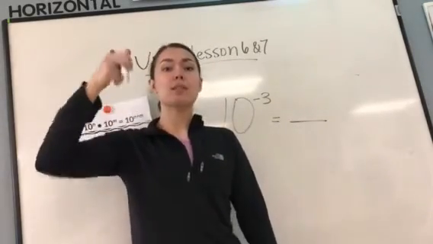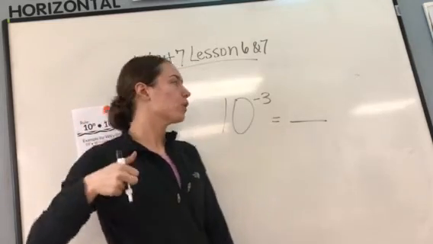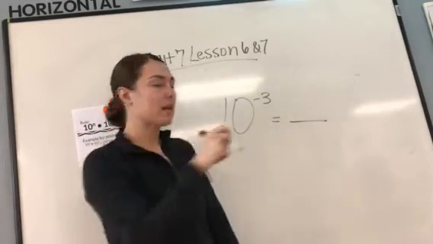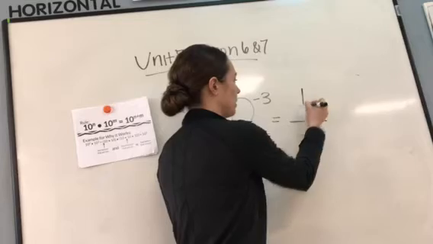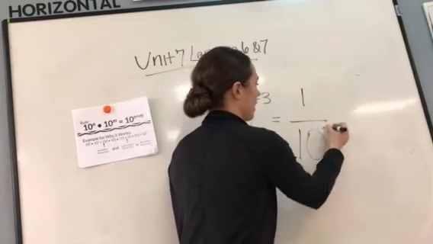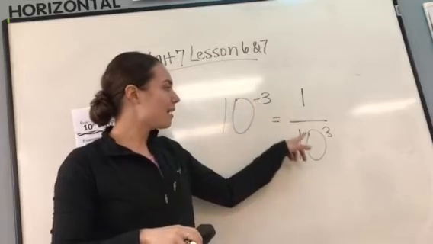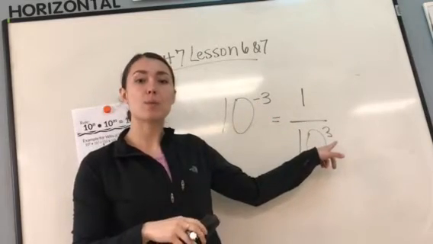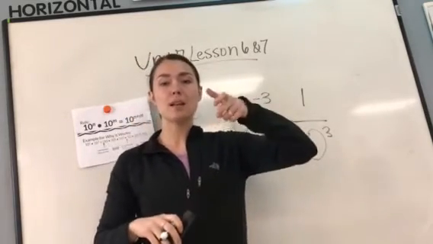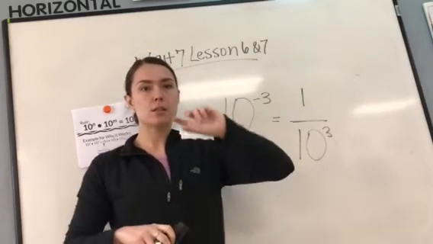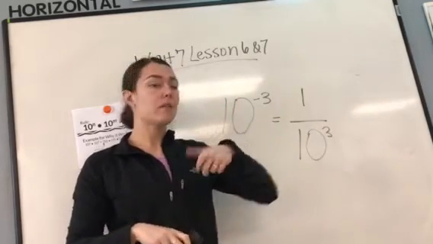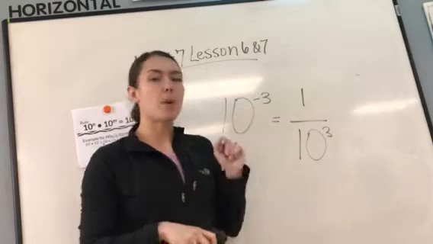We found the reciprocal, is that math vocab word? We flipped it upside down to make it a fraction. So I would take 1 and then 10 to the third. But notice when we do this, that is how our exponent becomes positive. When we flip it in that fraction form, when it's taken the reciprocal of it, this negative is now positive.